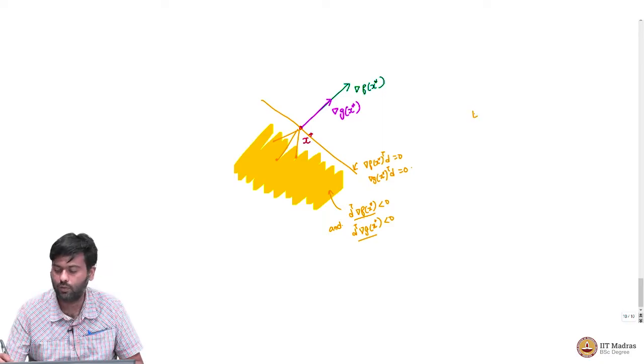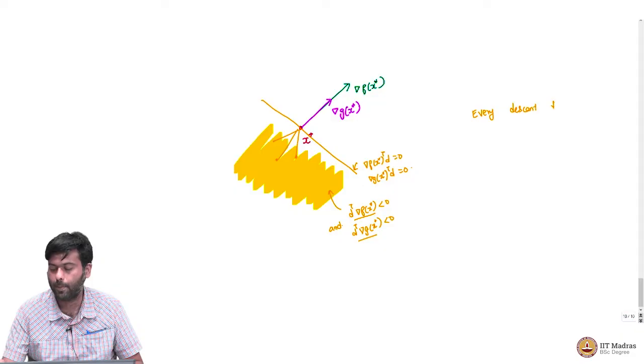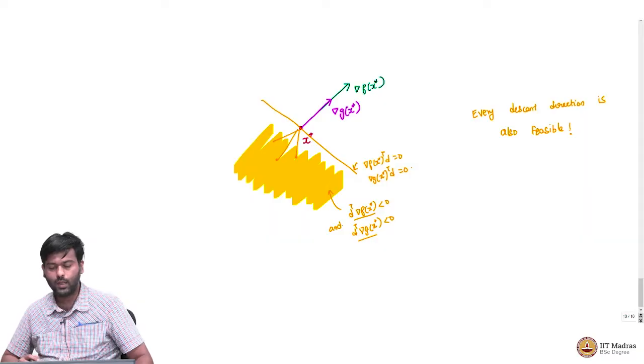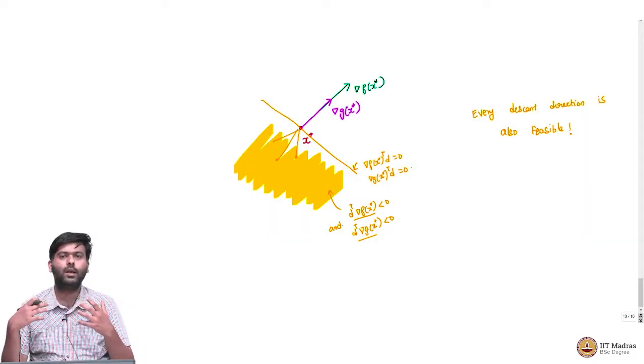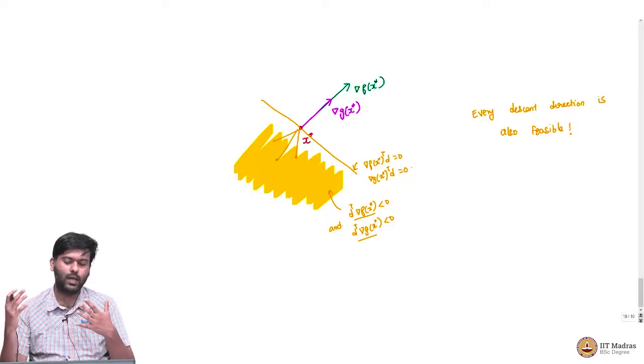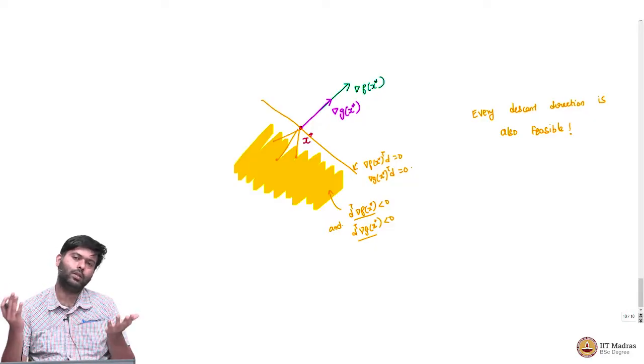in this particular configuration every descent direction is also feasible, which is very bad, right. In some sense I have given you an x star which is really suboptimal, because I can move in any descent direction and I will still be feasible, right.